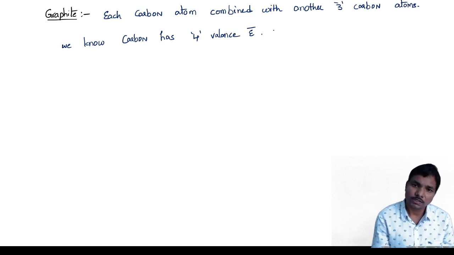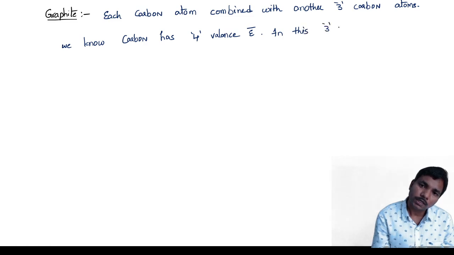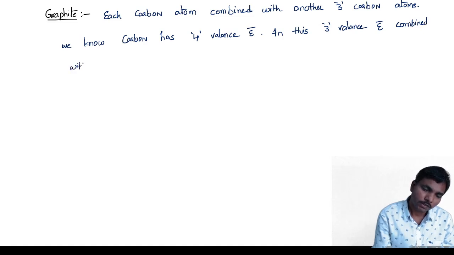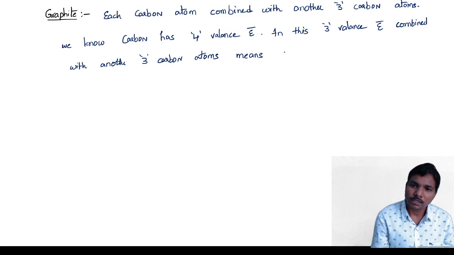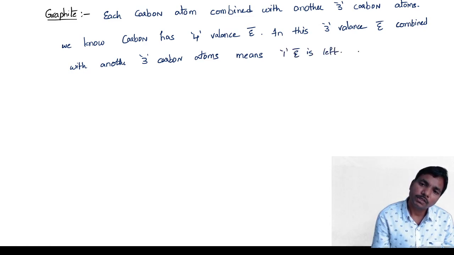In these, 3 valence electrons are combined with another 3 carbon atoms, which means one electron is left, that is the free electron.